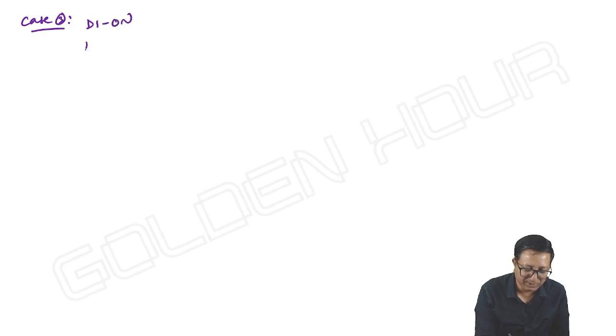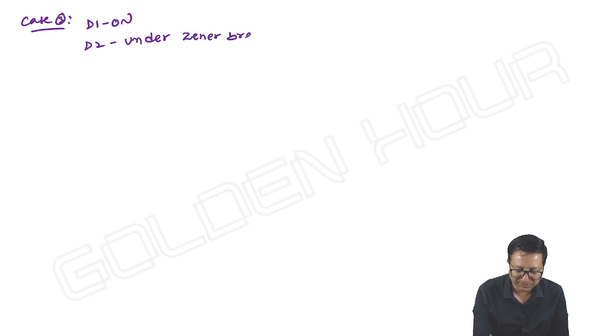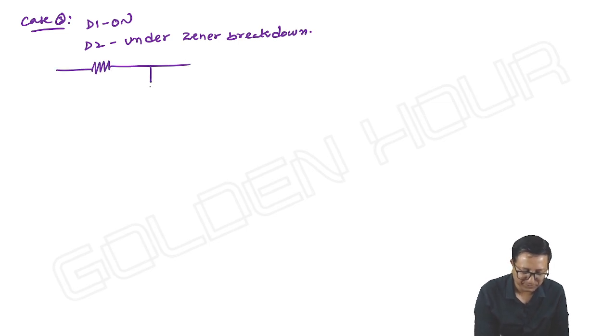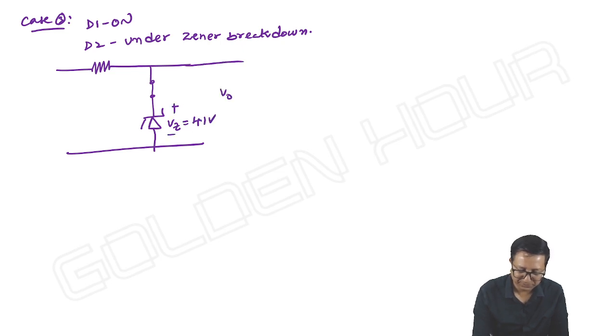D1 is on and D2 is under Zener breakdown. Okay, so what do we get? D1 acts as short circuit and D2 maintains a voltage Vz of 4.1 volt from cathode to anode.